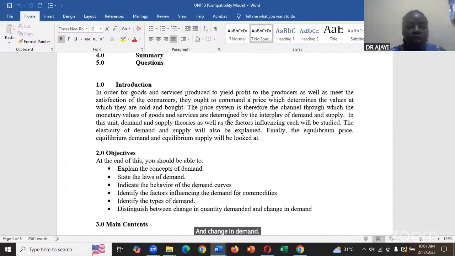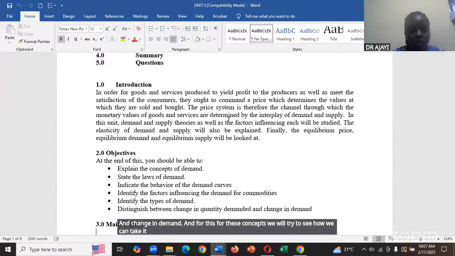And for this concept, we will see how we can take it concurrently with that of supply, because we may not have enough time. I will not want to separate it, but we will quickly take it concurrently.